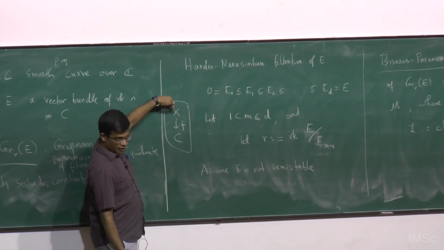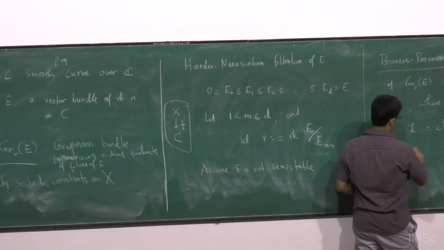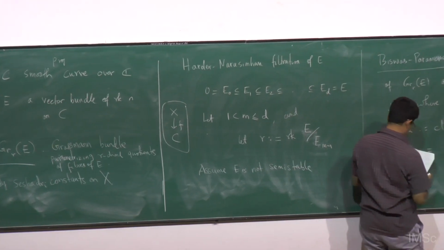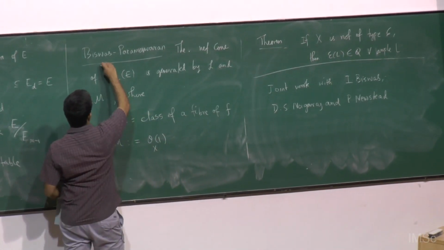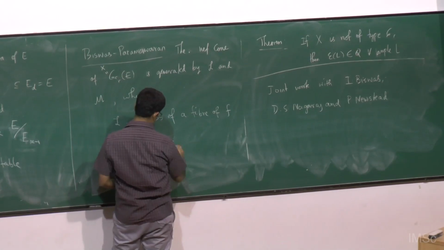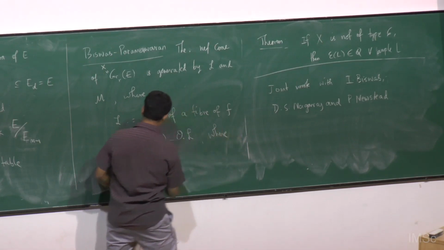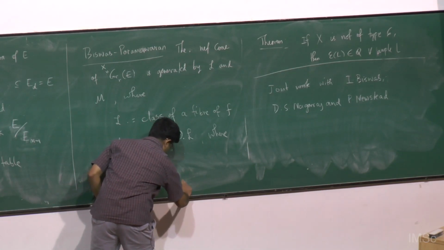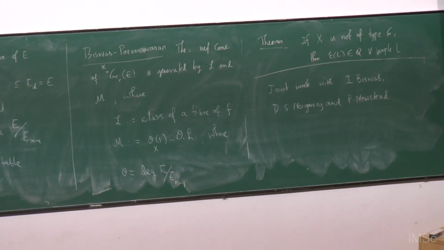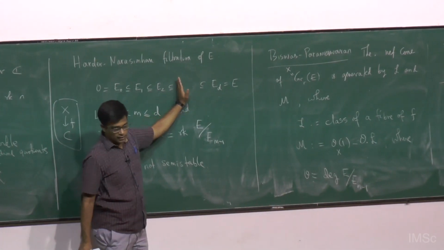A fiber will be a divisor, so the corresponding line bundle is L, and M is O_X(1) minus theta times L, where theta is the degree of this quotient, whose rank was R. So E mod, whatever we picked here, that rank is R and that degree is theta.